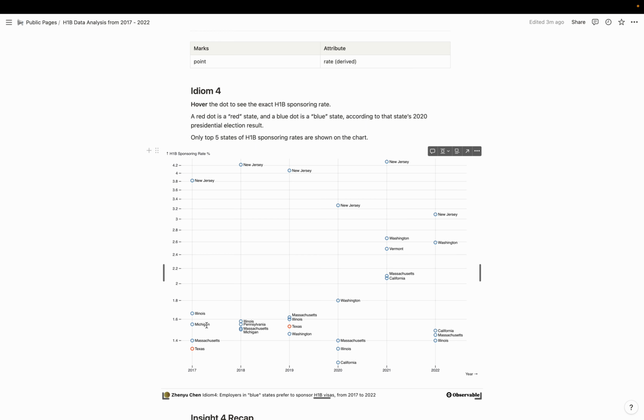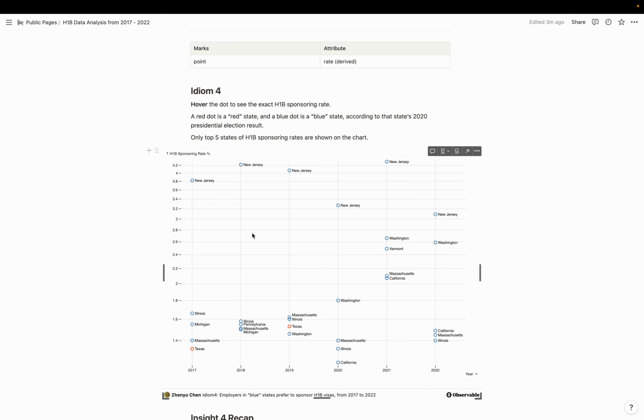And we can see that only the top 5 states in terms of H1B sponsoring rates are shown on this chart. And we can conclude many insights here. So for example, New Jersey is always the top 1 state in the last 6 years.